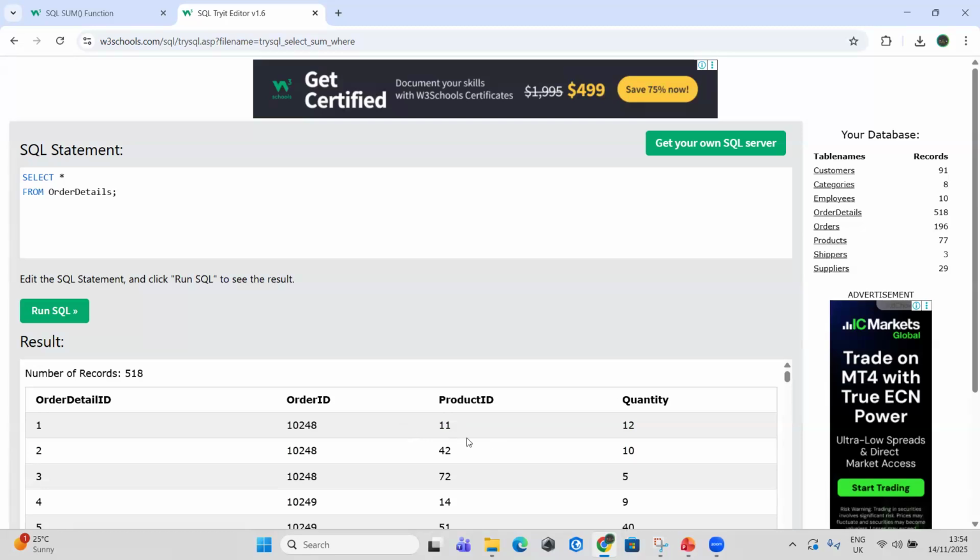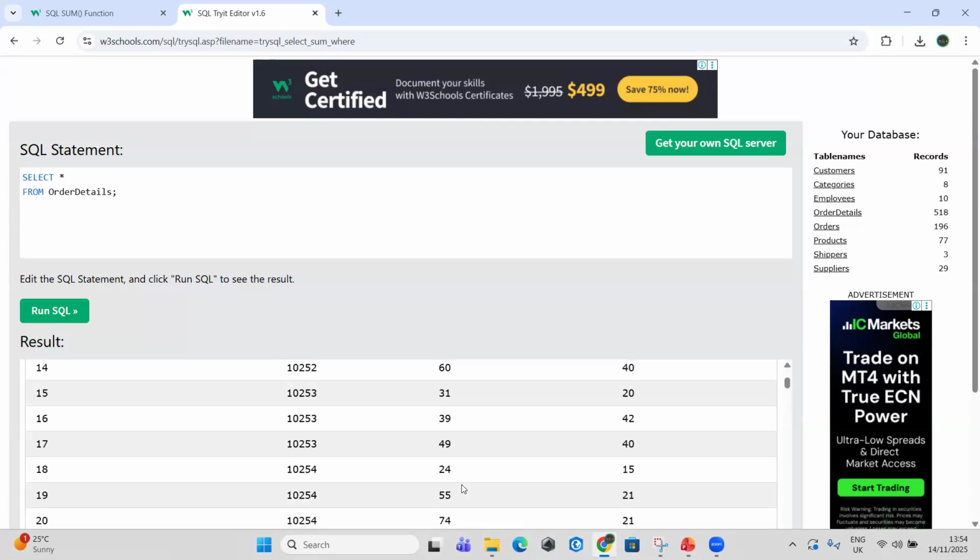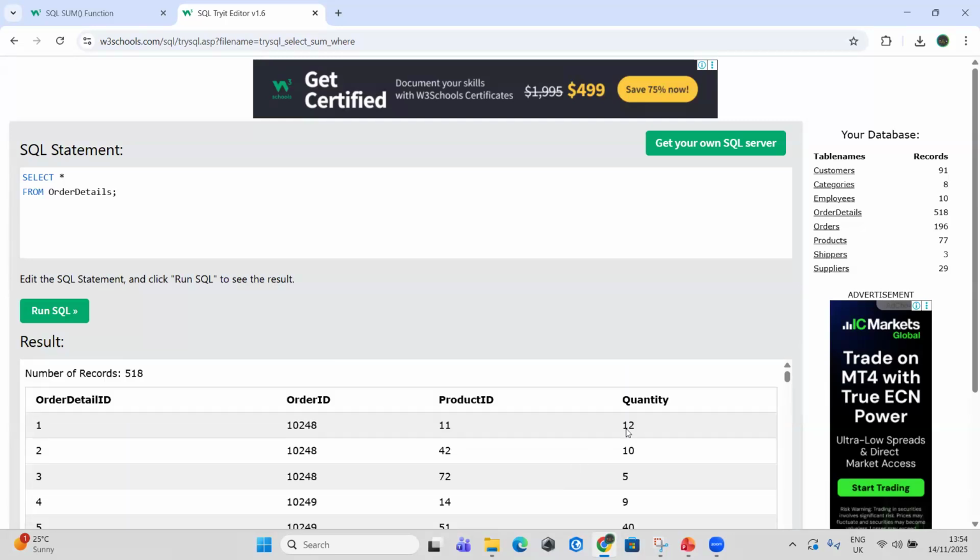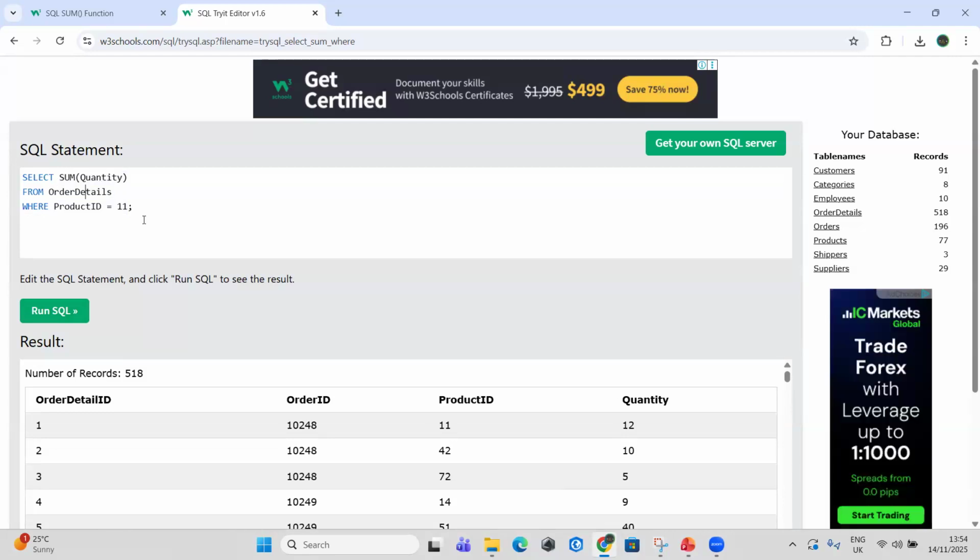What it says is, for the product ID 11, wherever it is 11, give me the total value. So it would be select sum, the quantity from order details where product ID is equal to 11. Maybe let's try 42.